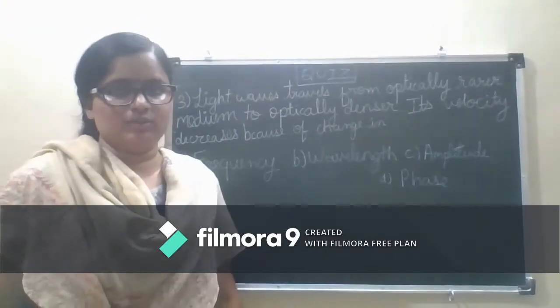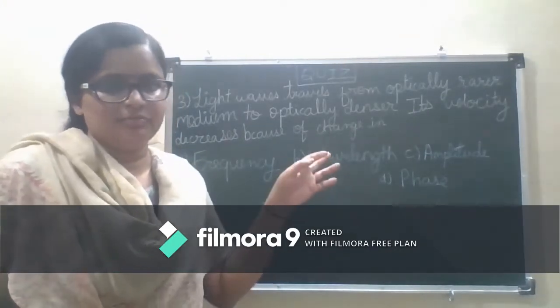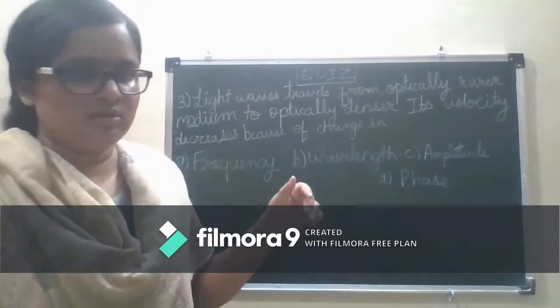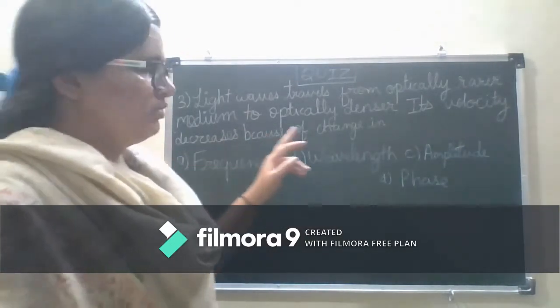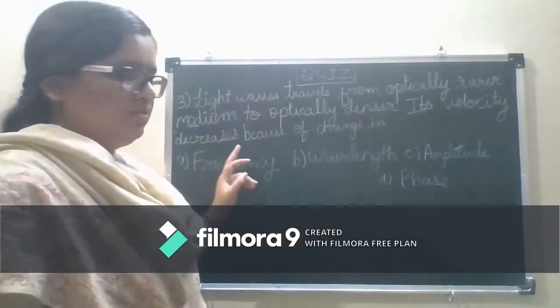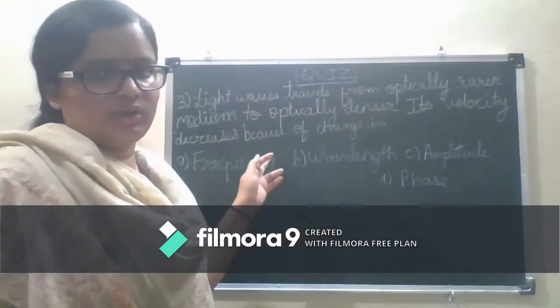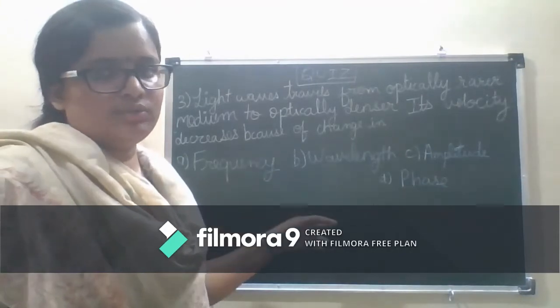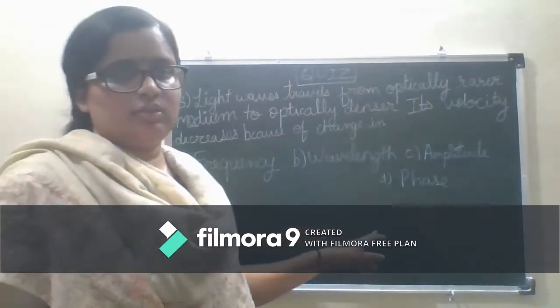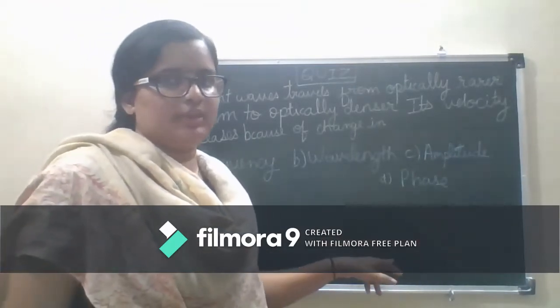Now we will see the light. The light travels from the optically rarer medium to the denser medium. Then what happens? Its velocity decreases. So how does the velocity decrease? Because of a change in frequency, wavelength, amplitude, or phase.